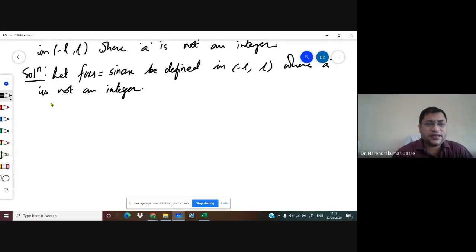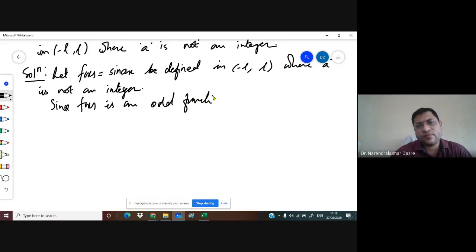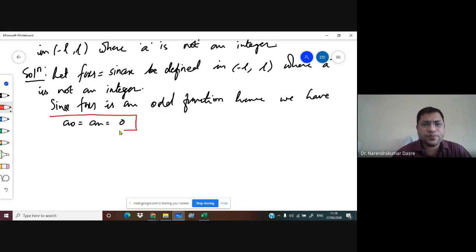So we know that this is going to be an odd function. So what we can say is, since f of x is an odd function, hence we have a0 equal to an equal to 0.